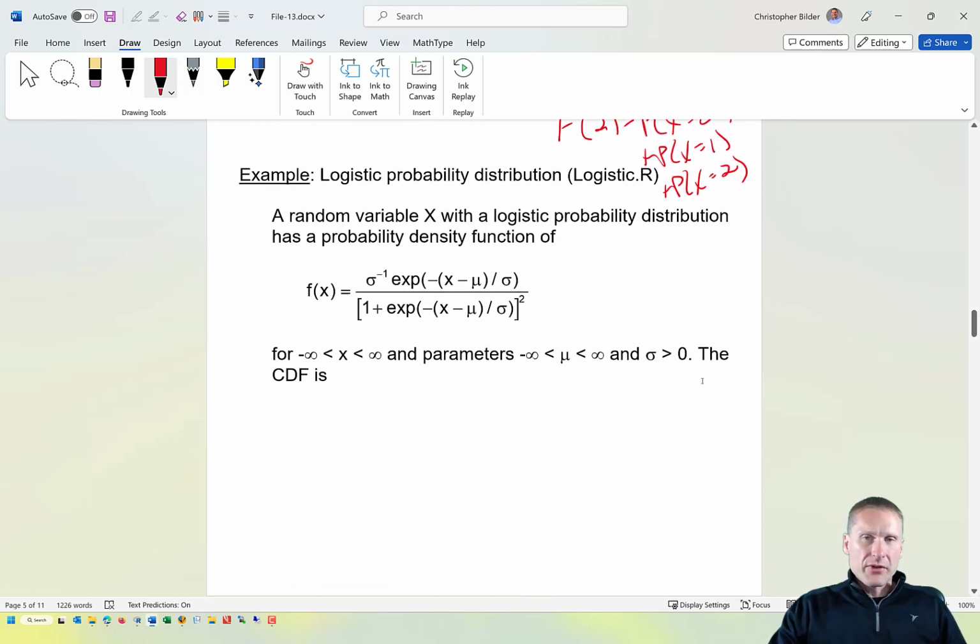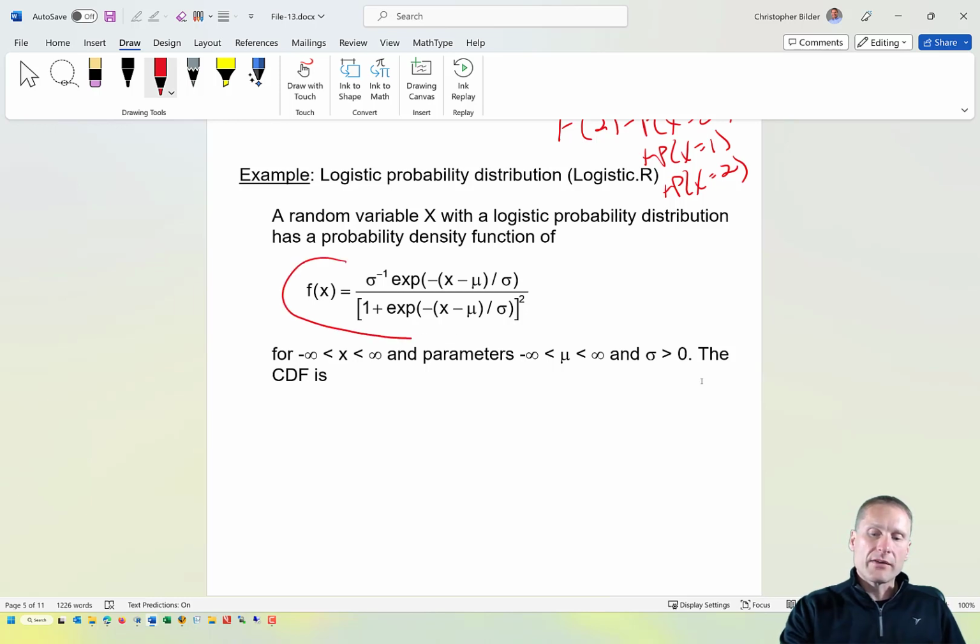Now let's look at a particular probability distribution known as a logistic probability distribution. This is just like any other probability distribution out there, like a normal, like a t-distribution, like a chi-square distribution. If X has a logistic probability distribution, X is a continuous random variable.